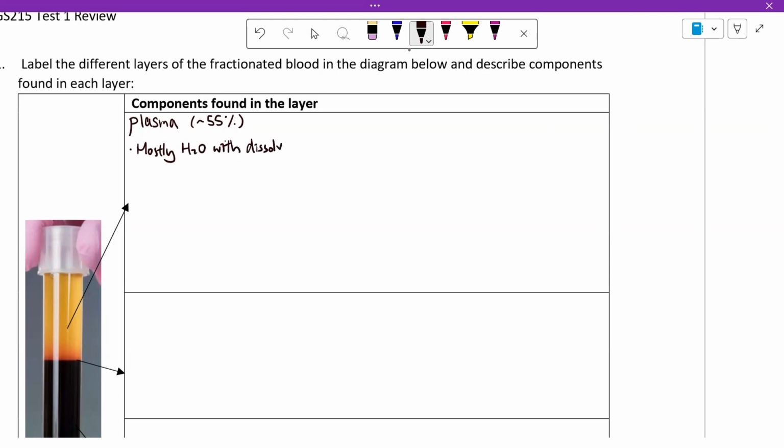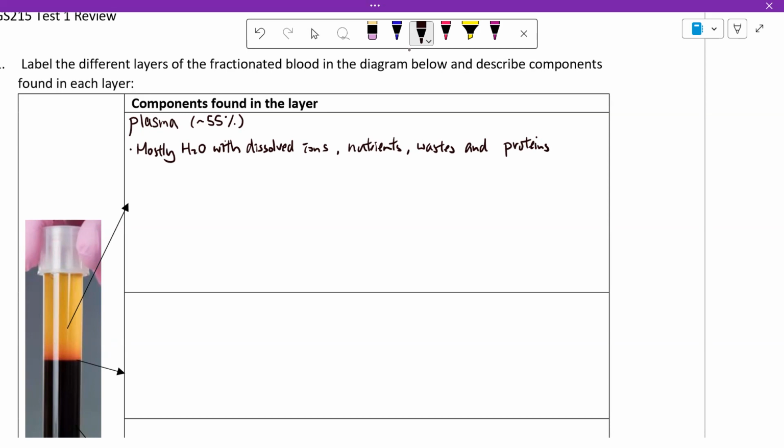With dissolved ions, nutrients, and wastes, and proteins. Lots and lots of proteins, right?